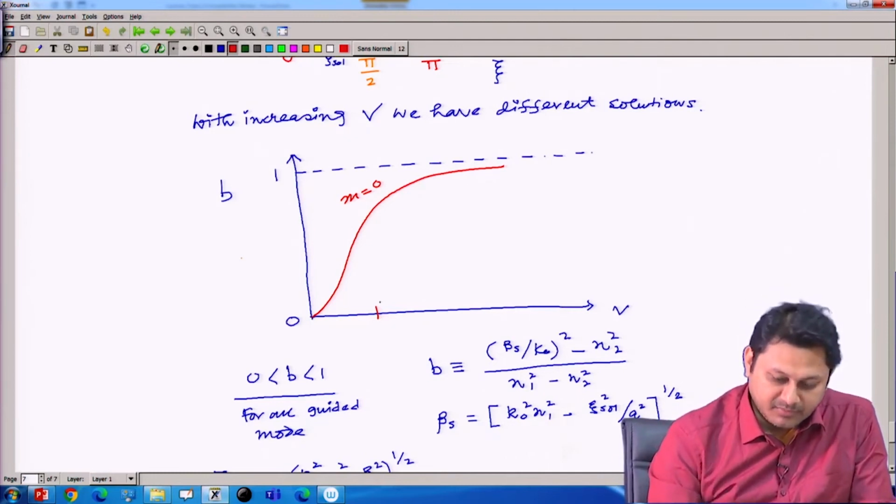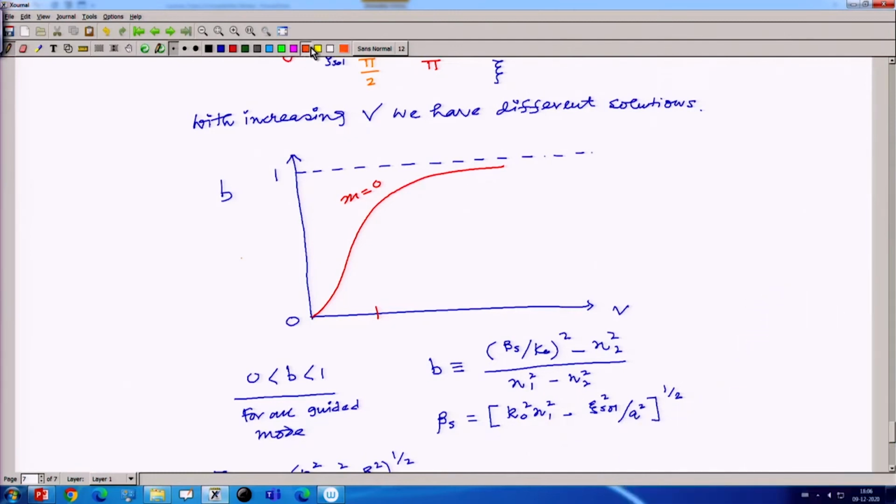If I draw the second branch of b, it should look like this. In a similar way, I have another branch, a third branch, and so on. Every time there is a restriction over b which is less than 1 and greater than 0, so that means it should not go beyond one value.